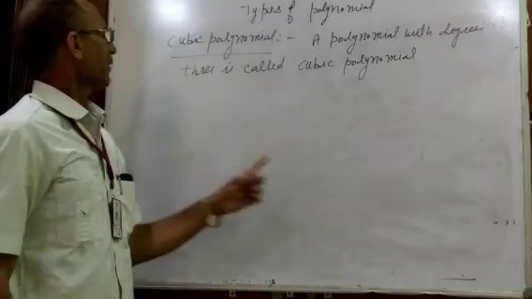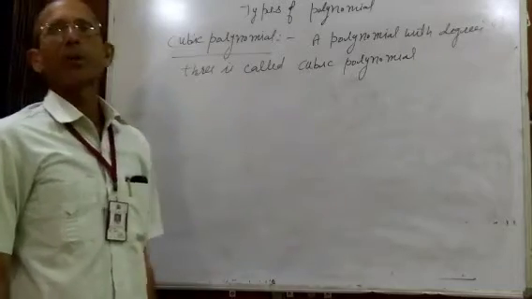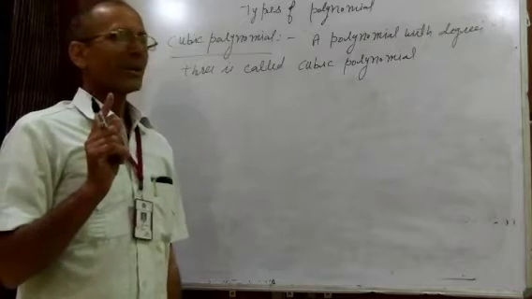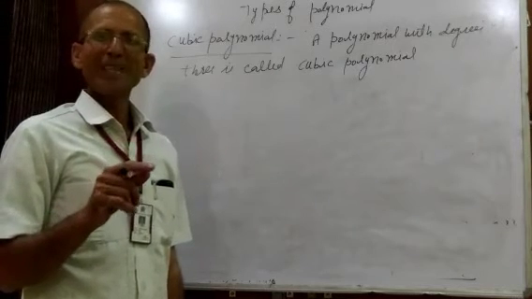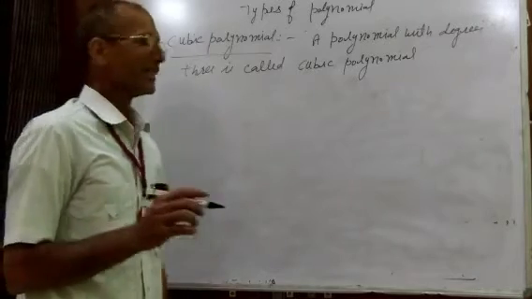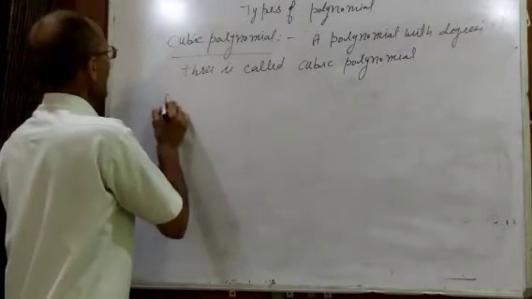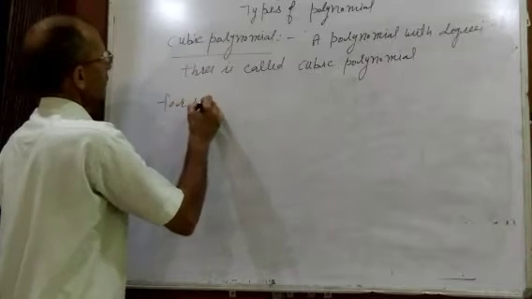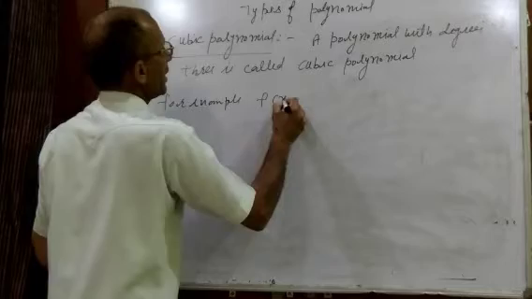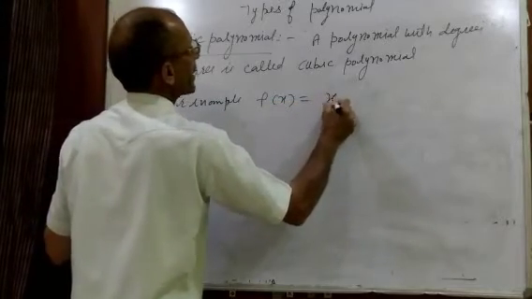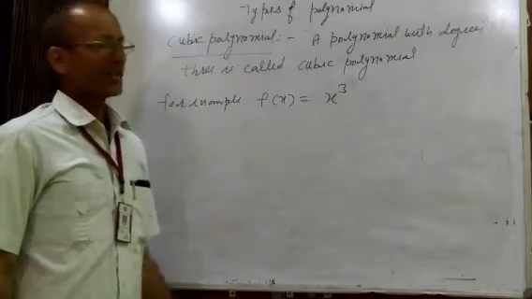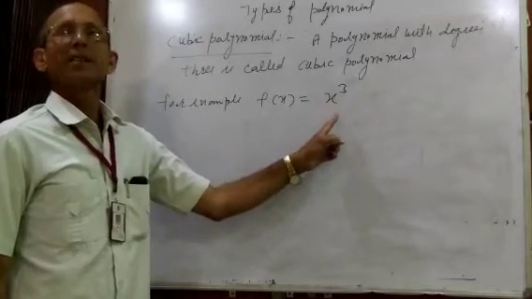Next is the cubic polynomial. A polynomial with degree 3 is called a cubic polynomial. A cubic polynomial may be a monomial, binomial, trinomial, or biquadrinomial. For example, f(x) is equal to x cube. This is a cubic polynomial with one term, a monomial.